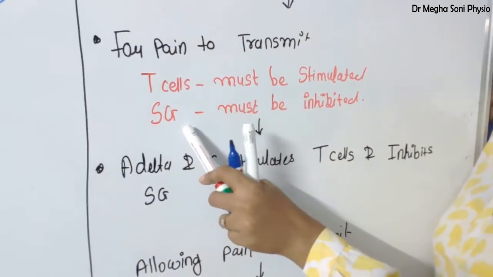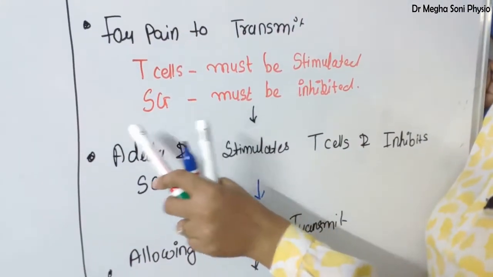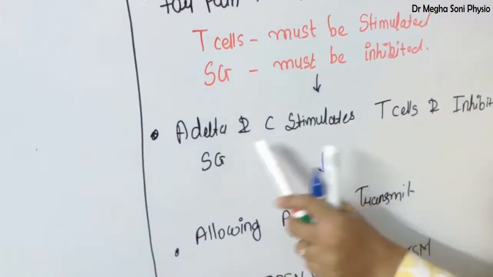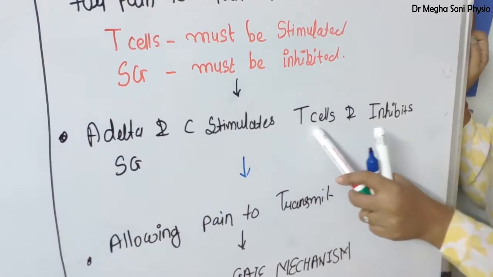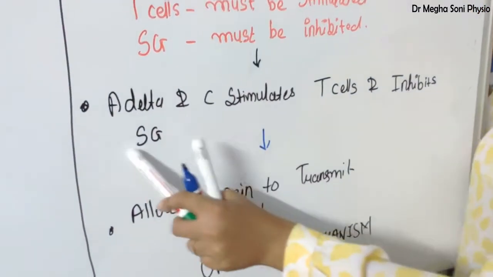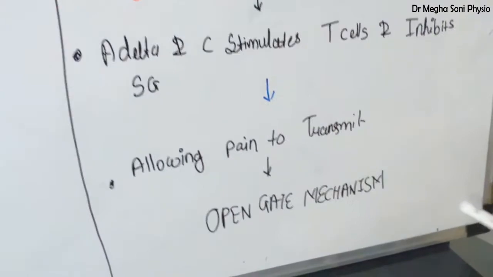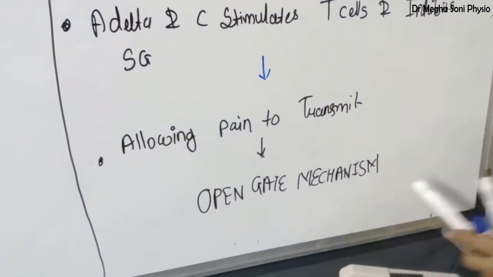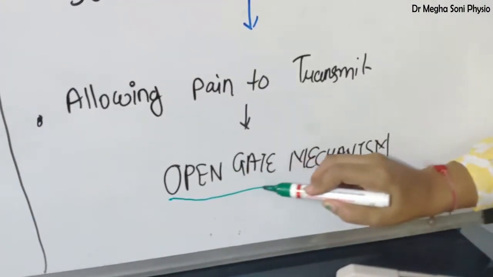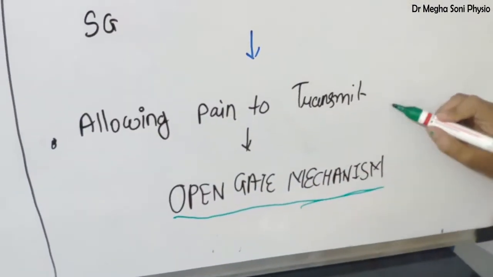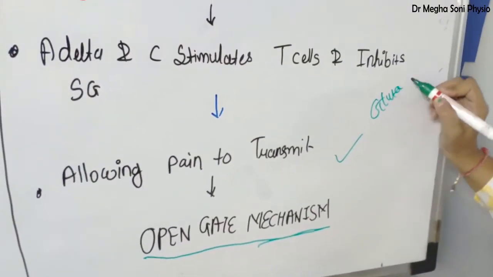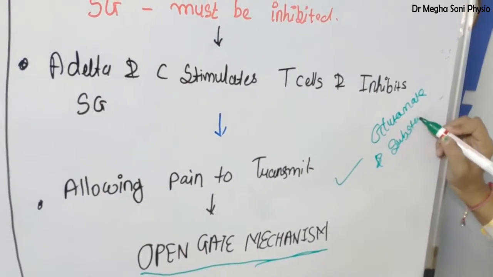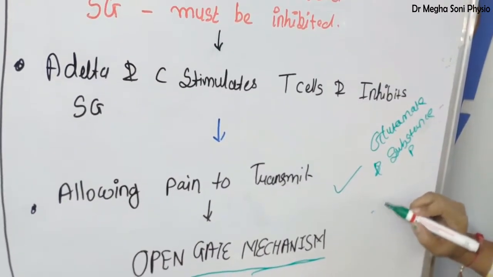If this SG is stimulated, it does not allow pain to transmit from one place to another. So A delta and C fibers stimulate the T cell and inhibit this substantia gelatinosa, allowing pain to transmit to the central nervous system, and this mechanism is called the open gate mechanism, in which glutamate and substance P will be secreted.